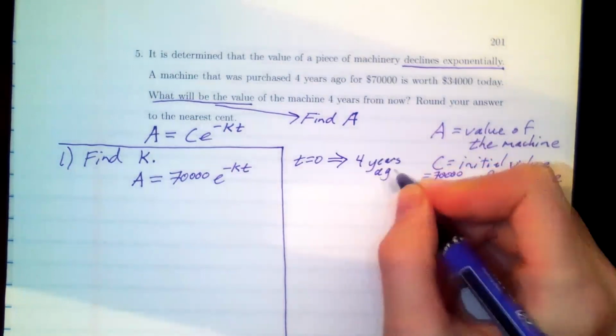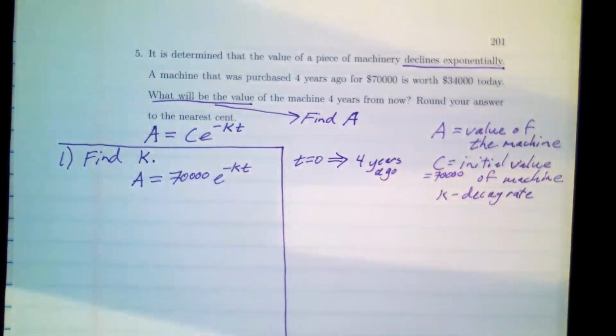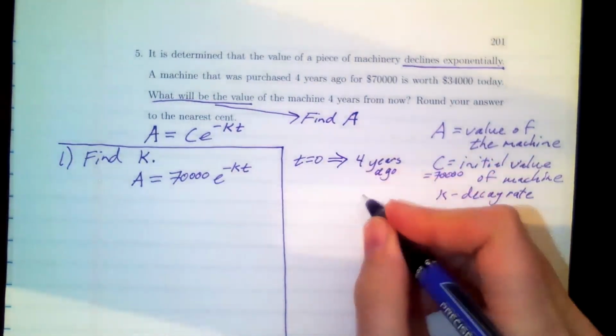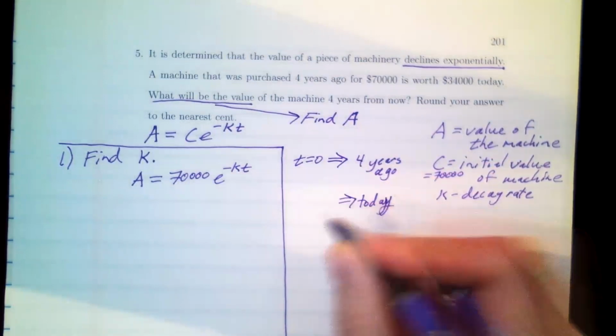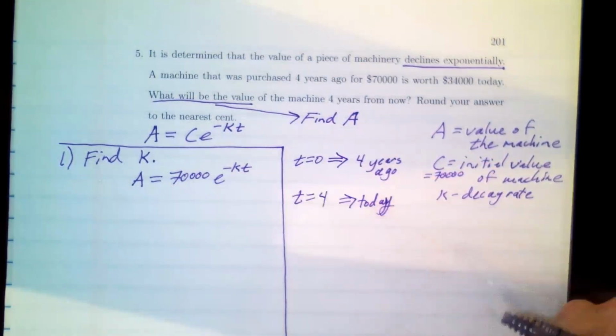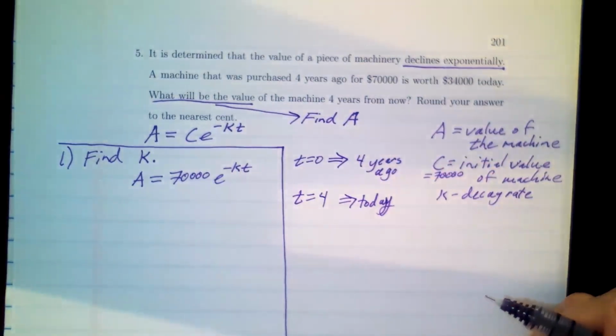So 4 years ago represents t equals 0. So if 4 years ago is t equals 0, what represents today? That has to be when t is 4. So today is year 4 after we've started keeping track of this worth.